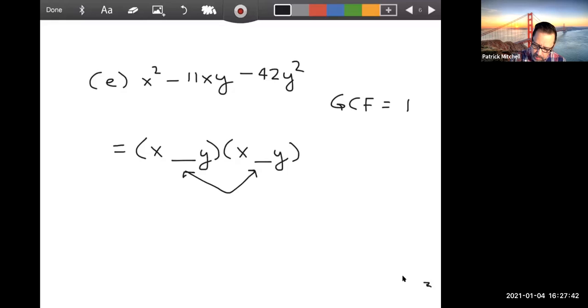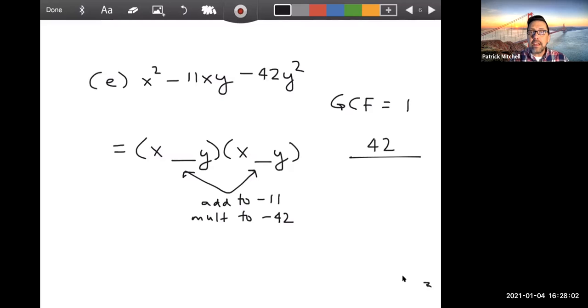So you take these two numbers, they need to add up to negative 11, and they need to multiply to negative 42. All right, so once again, they multiply to a negative. That means one positive, one negative.